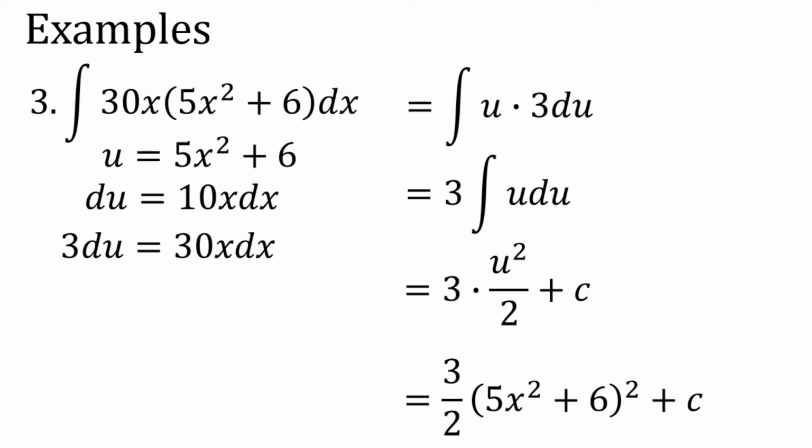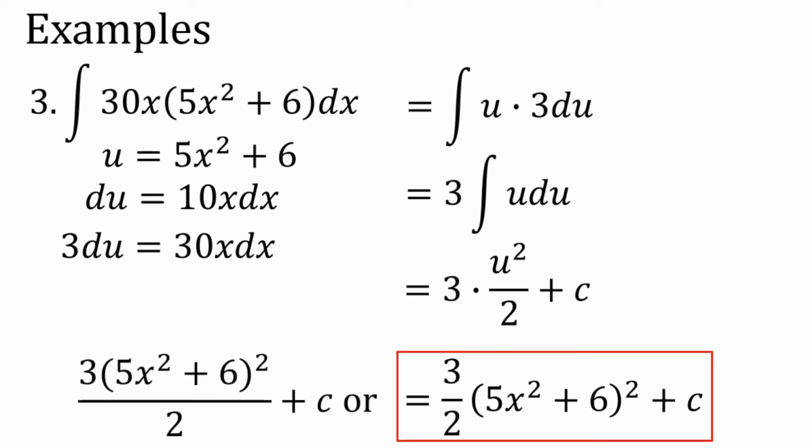So our answer will become 3 over 2 times 5x squared plus 6 squared plus c. Or 3 times 5x squared plus 6 squared all over 2 plus c. So it is very important for us to know how to express our answers in different forms.